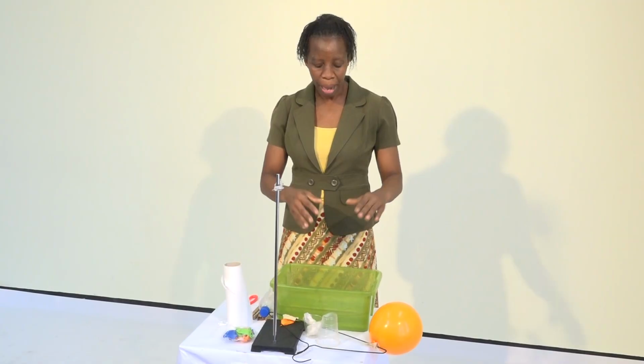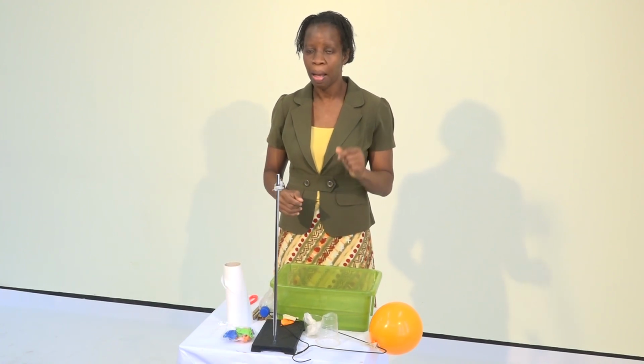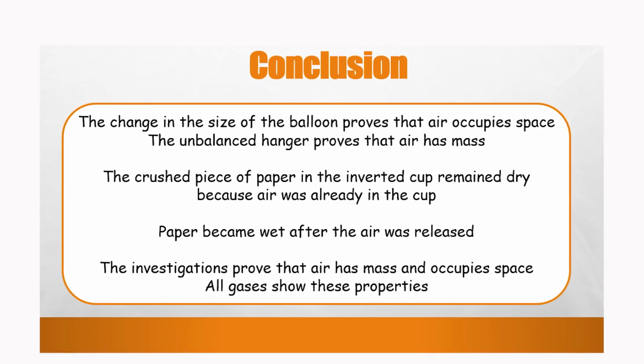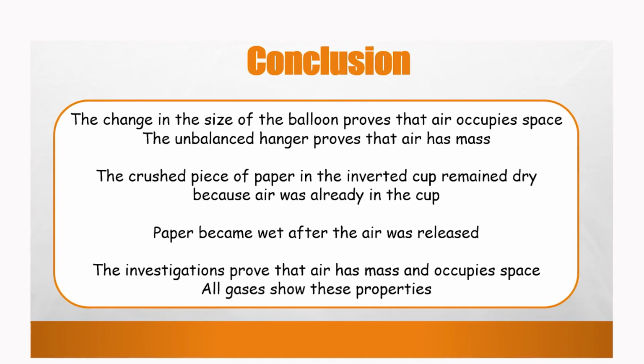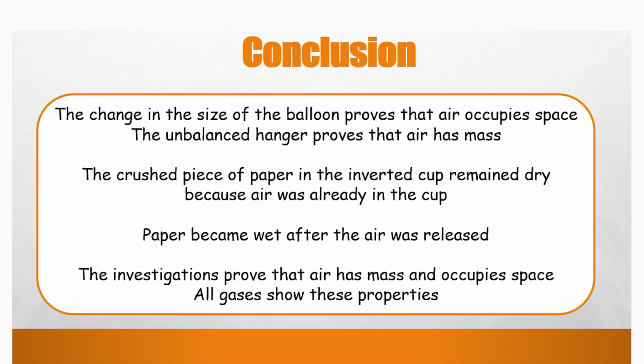And by balancing our balloons on our hanger, and when we burst one, we realized that our hanger became unbalanced because air definitely has mass. So these investigations prove to us that air, being a type of matter, has mass and occupies space. And since air is a mixture of gases, all gases will therefore show these properties.